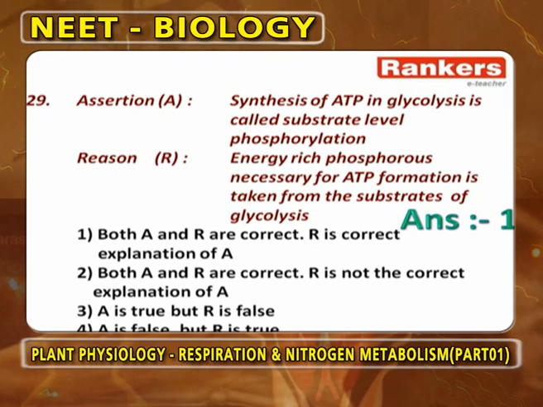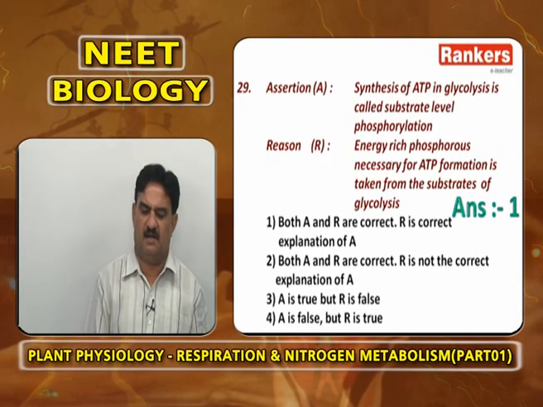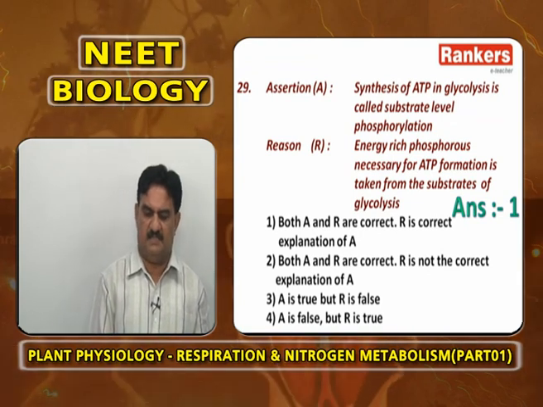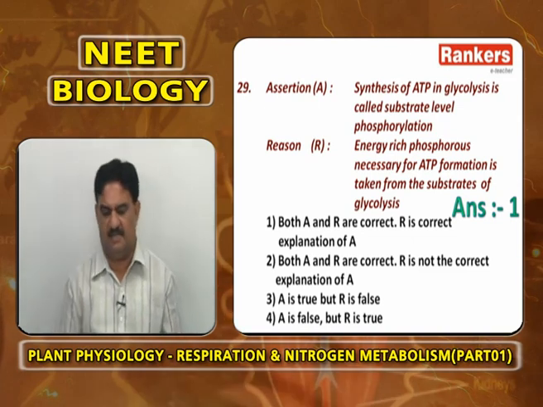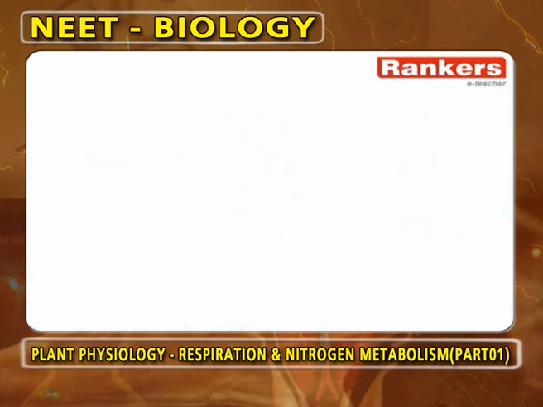Because the phosphates are taken from the substrate, it is called substrate level phosphorylation. So both A and R are correct, and R is the correct explanation of A.